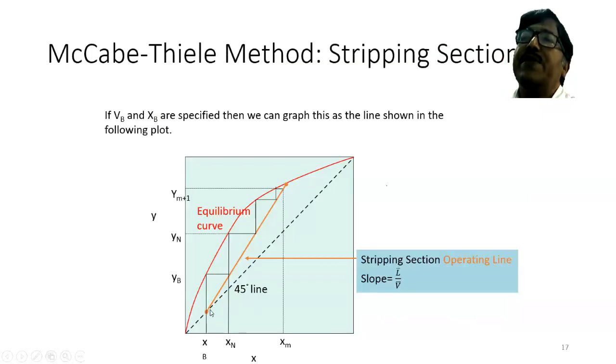The number of equilibrium stages in the stripping section we can determine by drawing a vertical line from this point, then a horizontal line, a vertical line up to the equilibrium curve, then a horizontal line up to the operating line, and so on. This way, the number of vertical lines that we draw will be the number of equilibrium stages. Why it is so, I will discuss in the next part, of course.